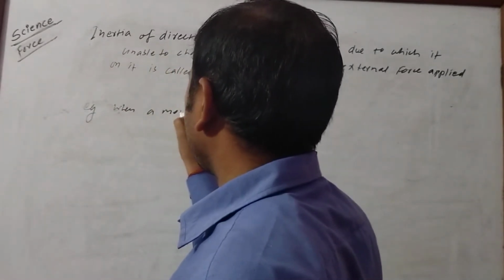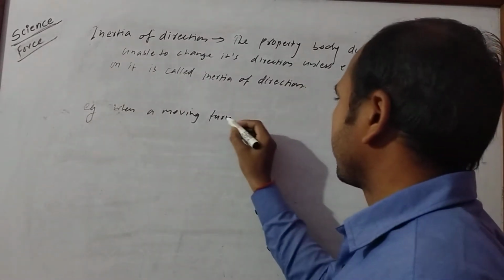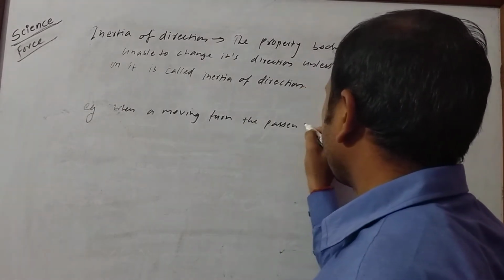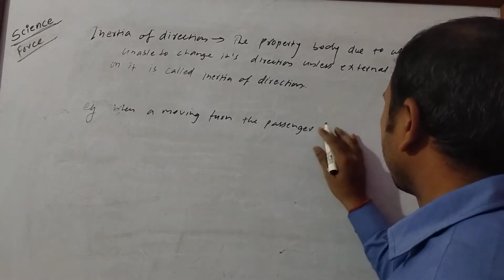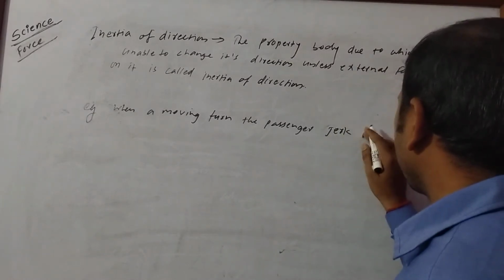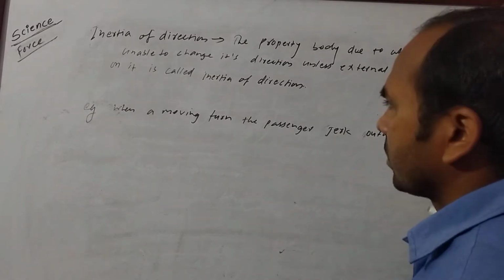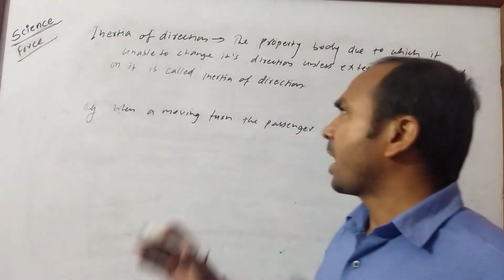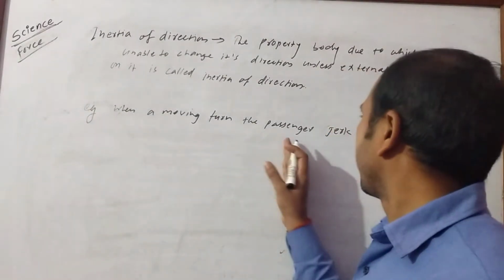When a moving car turns, the passengers jerk outward due to inertia of direction, because the car tends to maintain its previous direction and due to which the passengers jerk outwards.